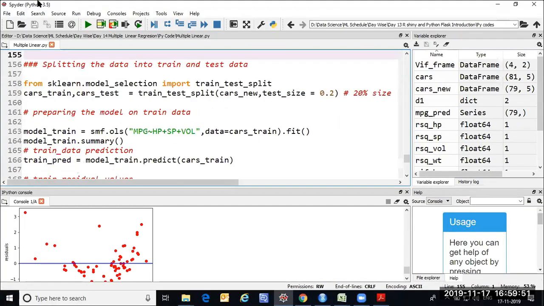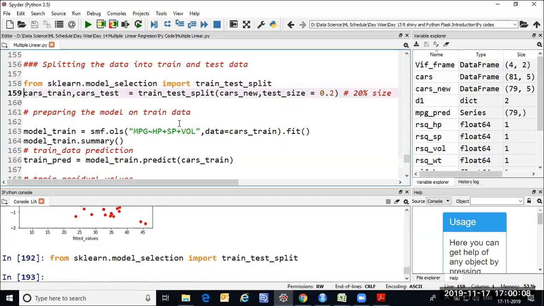Now, we are partitioning the data. To partition the data in Python, we have a function called train_test_split, which is part of sklearn model_selection. Importing that library. By using train_test_split, I'm allocating 0.2 of data to test size.